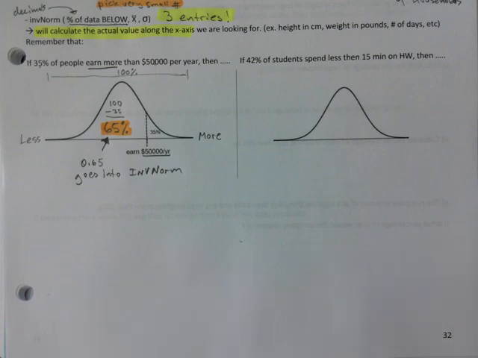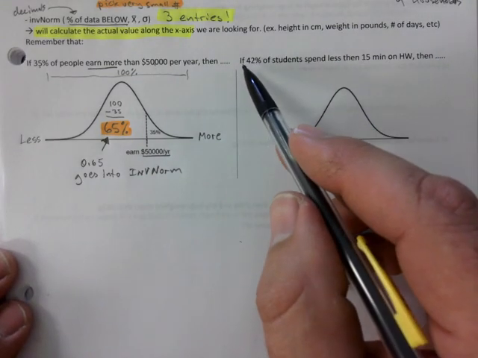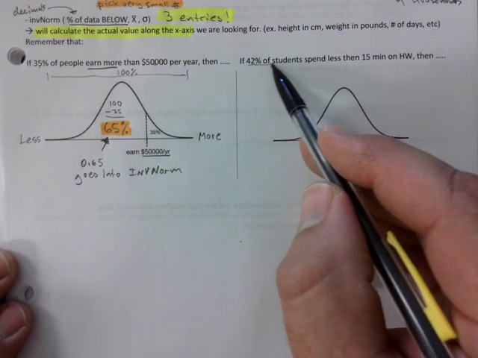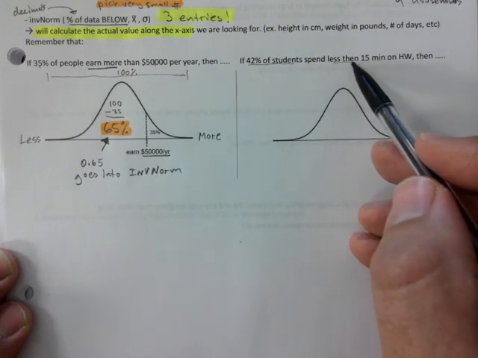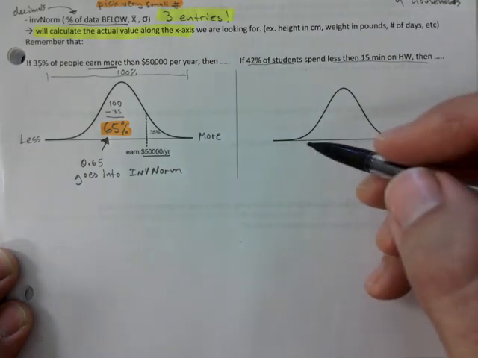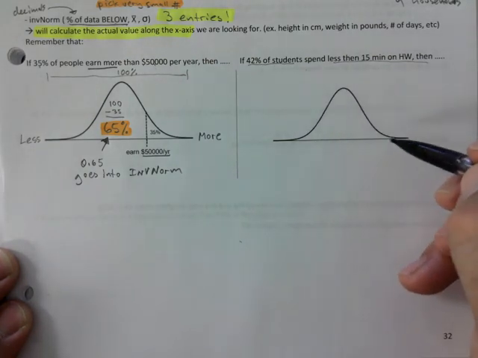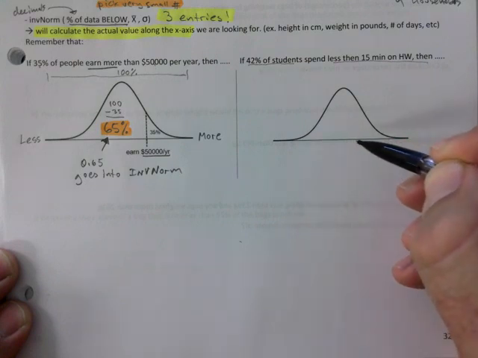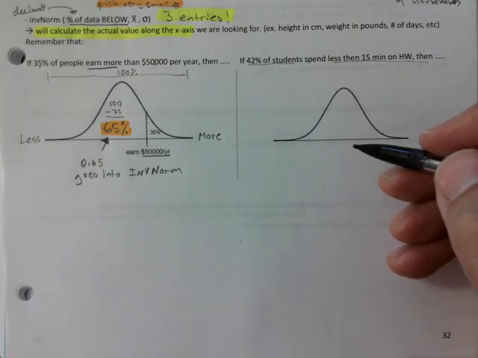How about I give you something like this? If 42% of students spend less than 15 minutes on homework, then where would you put the mark along the x-axis for the 15 minutes? Listen carefully.